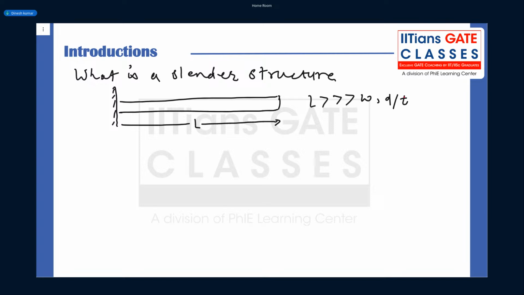Clear guys? A structure is known as slender if its length is very high compared to other dimensions.